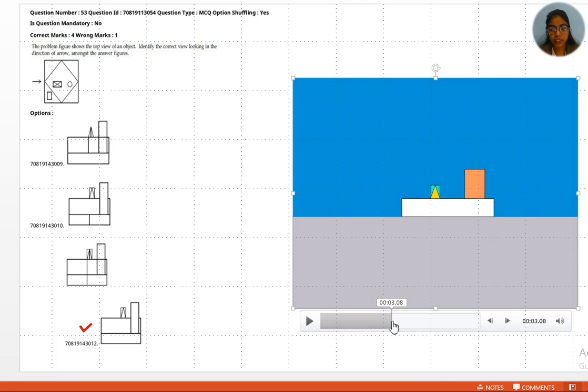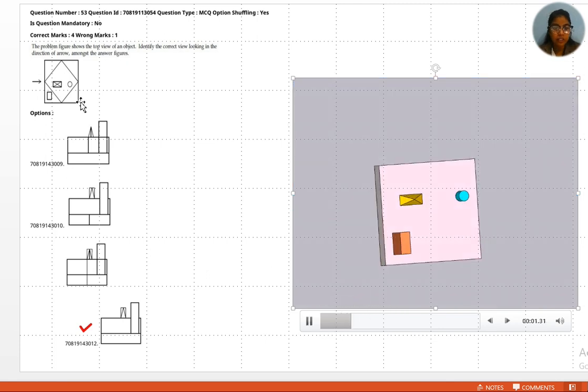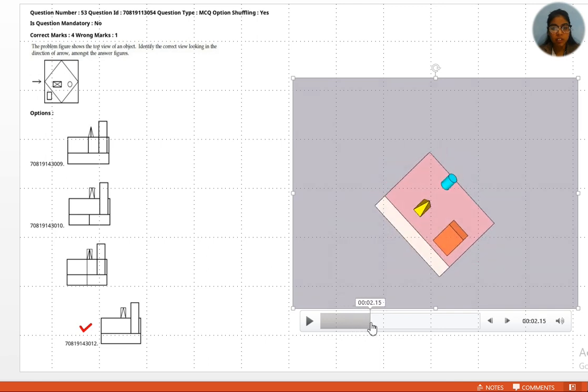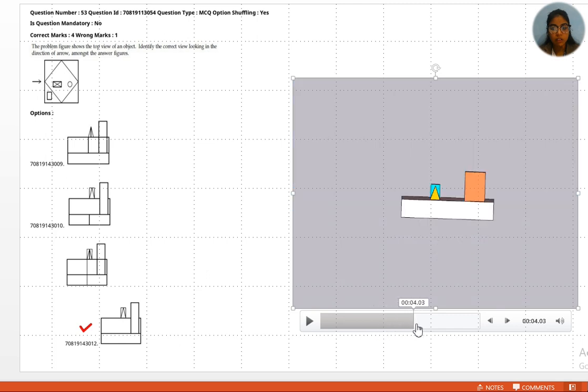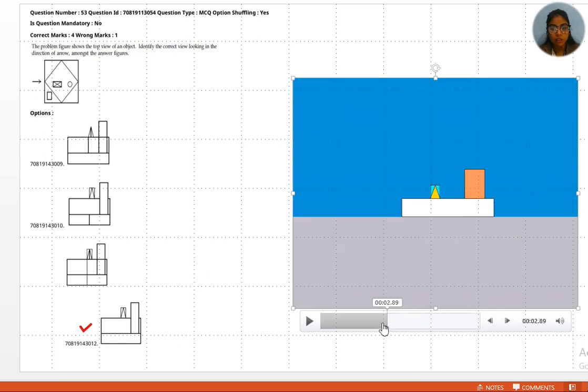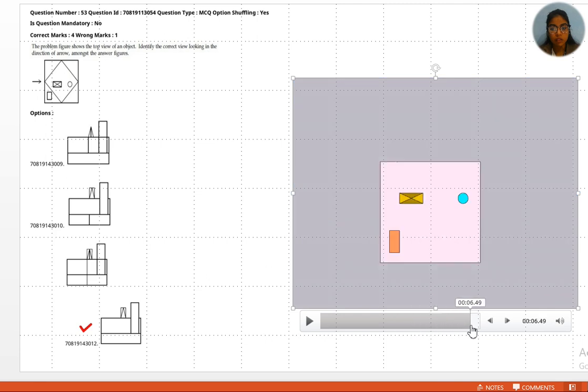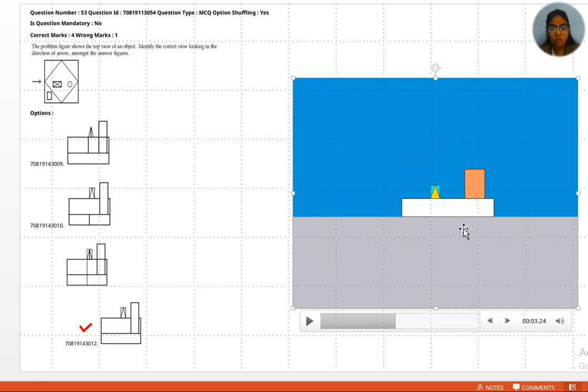See, when we rotate it, this was your plan as given to you in the question. Wait, this is your question. Okay, a small circle, rectangular boxes. When we are rotating it, so what we are getting to see, first of all, we will get to see this rectangle on your right hand side.